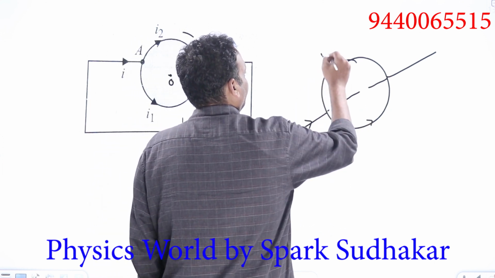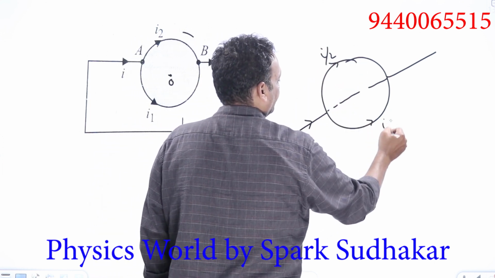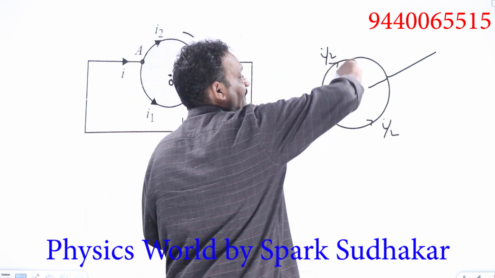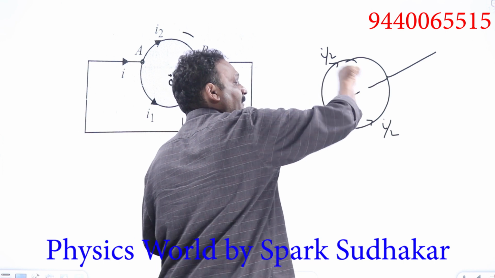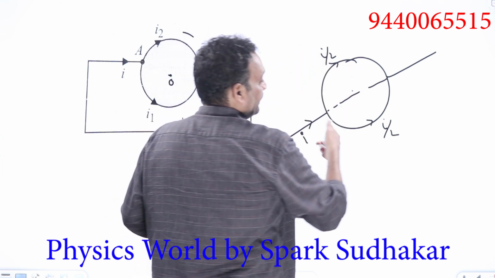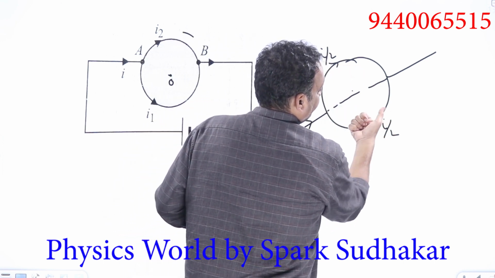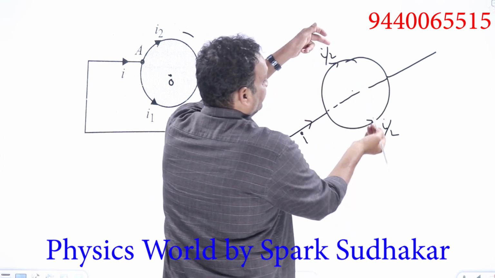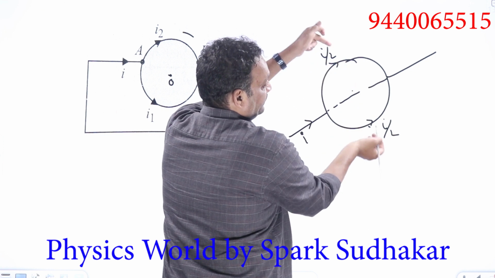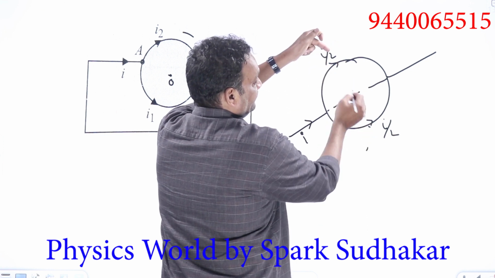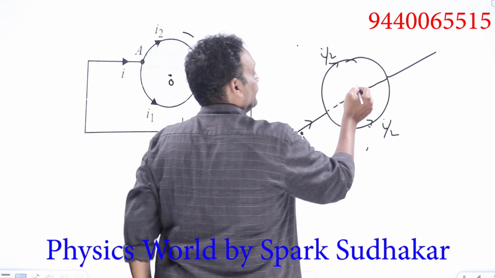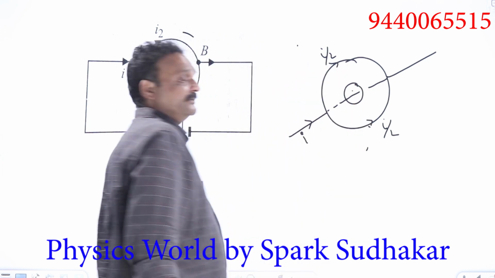If the current is I, here I by 2 current will flow, and here also I by 2 current will flow. The magnetic field due to this semicircular wire will be pointing into the board at this point. The magnetic field due to this one, if you hold your right hand like this, will be pointing outwards. Since the current is the same, and point O is symmetric from the two semicircular segments, one field is pointing into the board and the other field is pointing out of the board. The resultant magnetic field at the center will be 0.